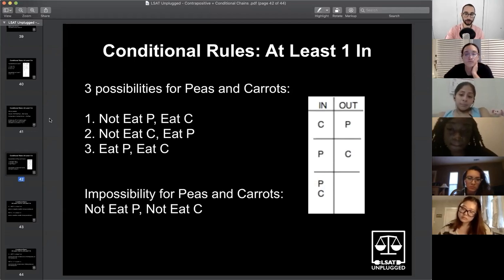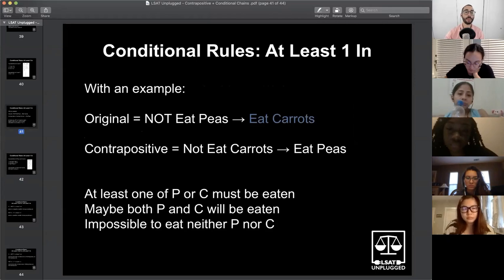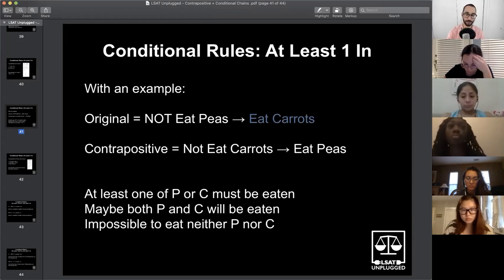If we go back for a moment to the conditional, it said, if not P, then positive C. If not C, then positive P. So looking at positive C, there's nowhere to go forward on that. Therefore, nothing is stopping you from having P in if we're given the information that C was in. So C in, nothing to infer.